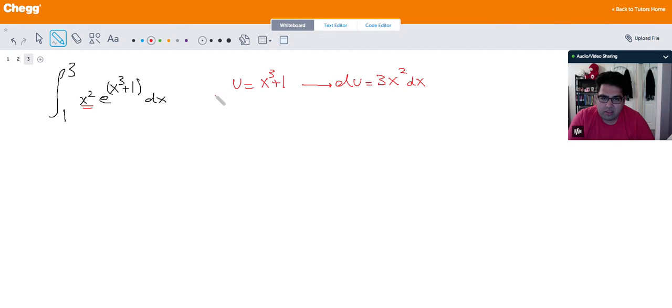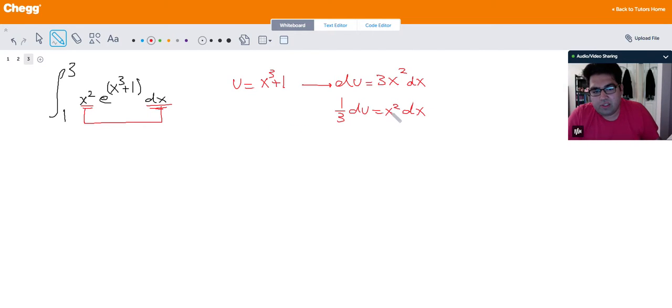So I'm taking the differential of both sides. du is 3x squared dx. Now I'm looking for a substitute for x squared dx, and that's going to be, if I divide both sides by 3, 1/3 du is going to be x squared dx. So I can find a substitution for x squared dx in terms of u.